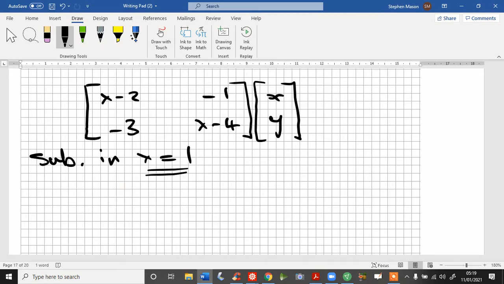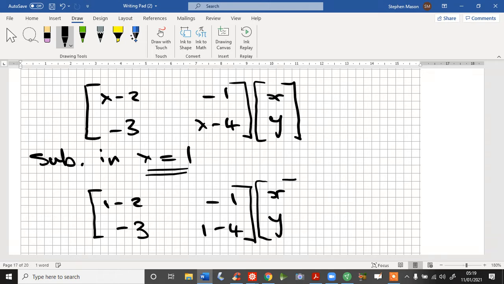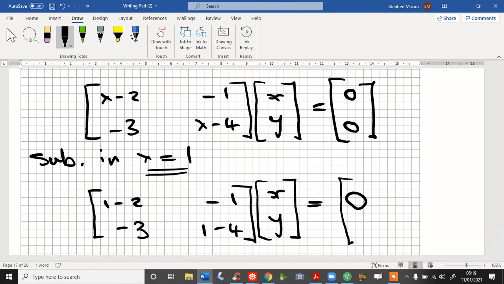So what we have is 1 minus 2, minus 1, minus 3 and 1 minus 4, all multiplied by x and y. And by the way, I have forgotten to write equals 0 on both sides. I'm going to put 2 zeros in, so it's just a 0 vector.